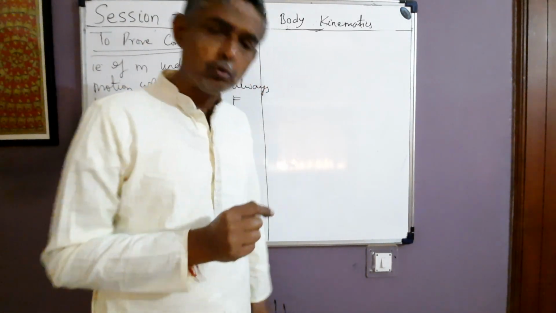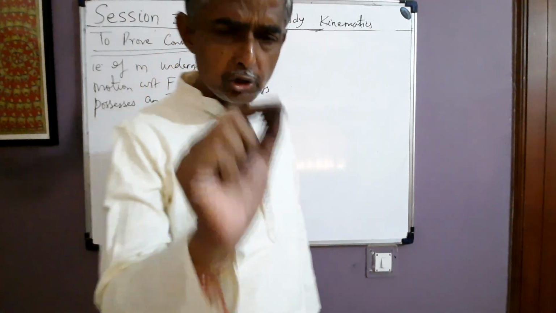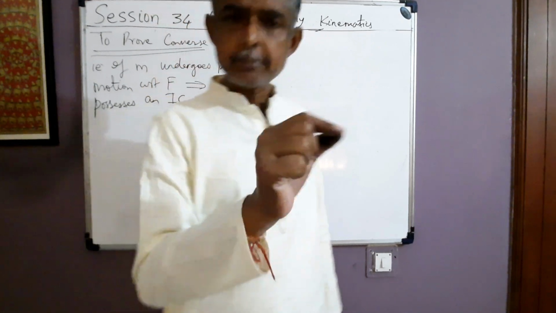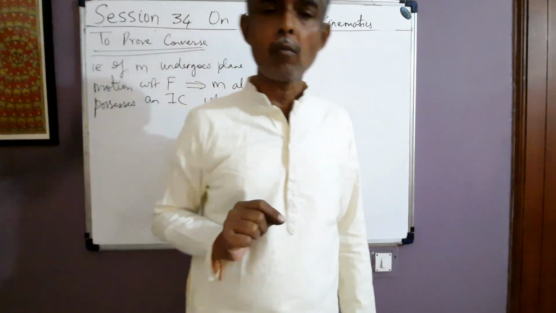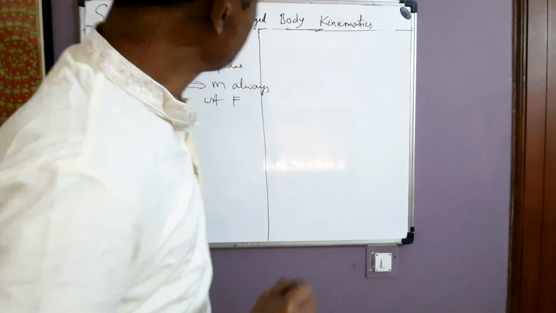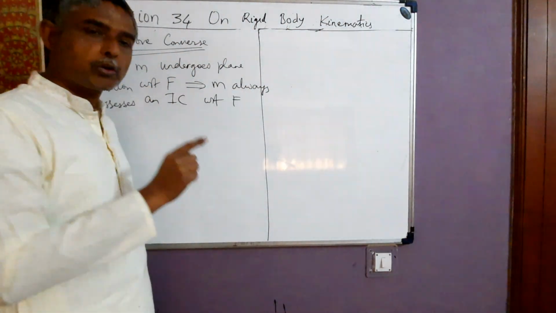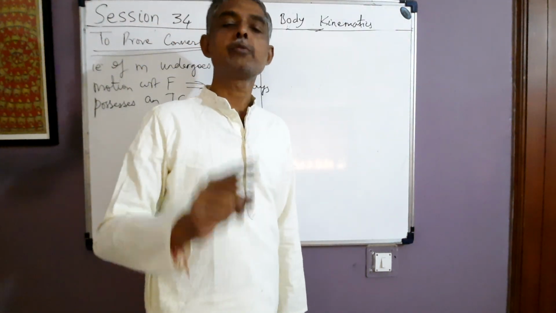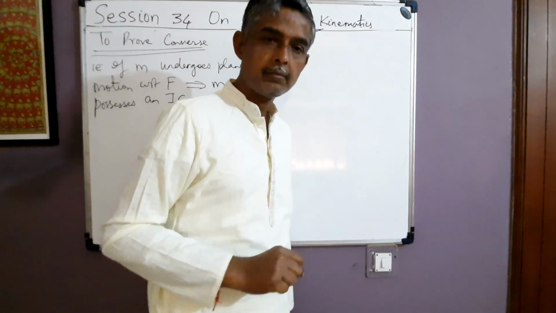In this case, I will find a location of M which has a zero velocity with respect to F at time t, and by definition that is the IC of M with respect to F at time t. It is a real or imaginary location of M whose velocity with respect to F at time t is 0, and by definition that is the IC.